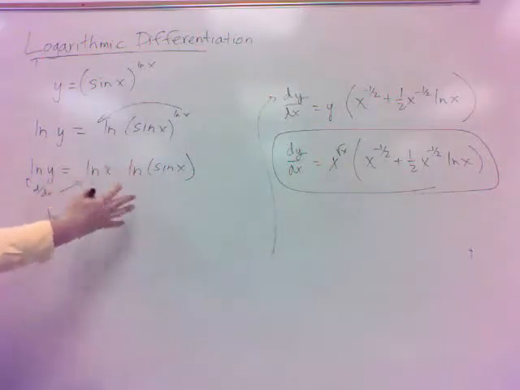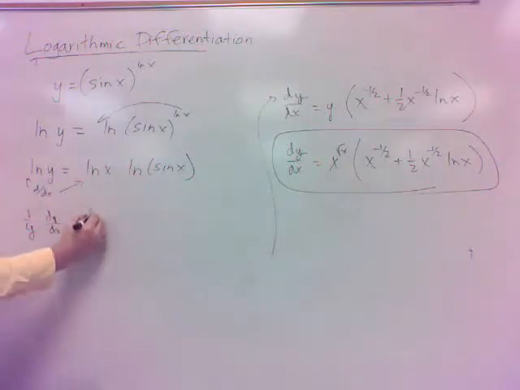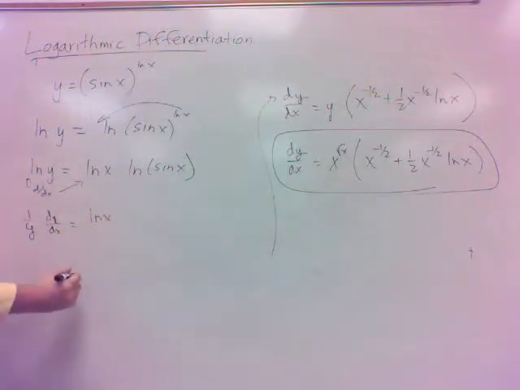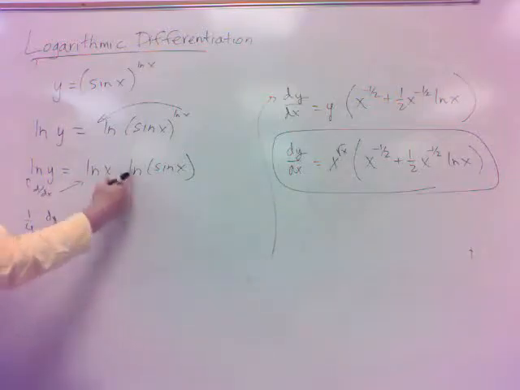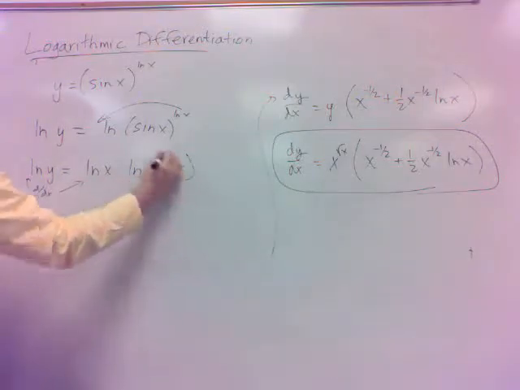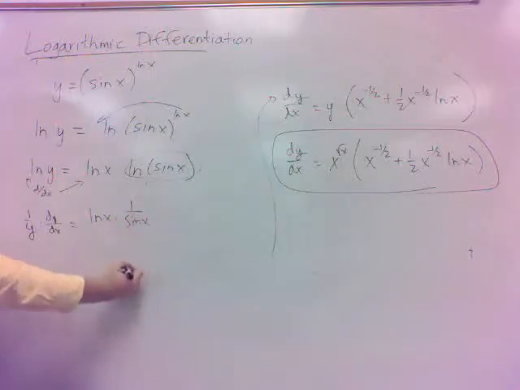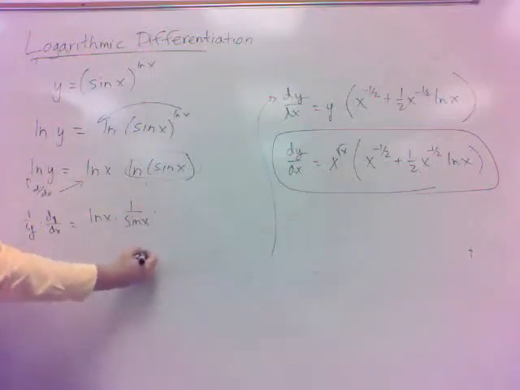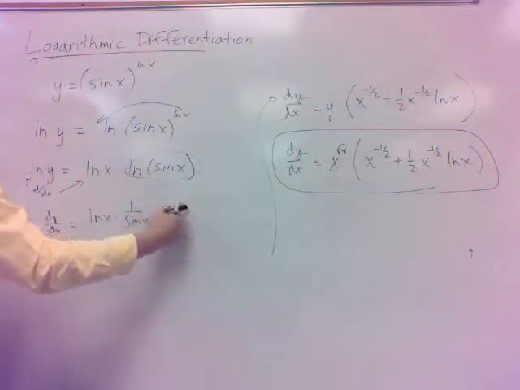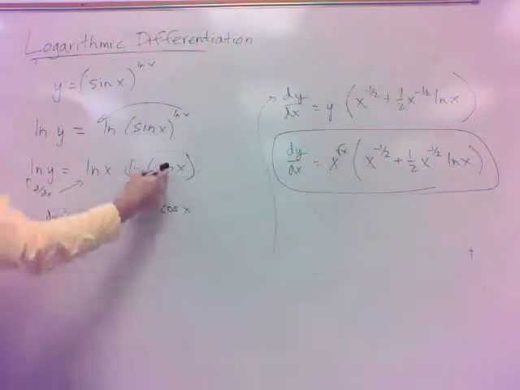And then over here, it'll be product rule. First times the derivative of the second, second times the derivative of the first. So what have I got? ln of x times derivative of that. Well, it'll be 1 over sine of x, right? With me? Times what? Cosine of x, yeah. The derivative of ln is 1 over that.